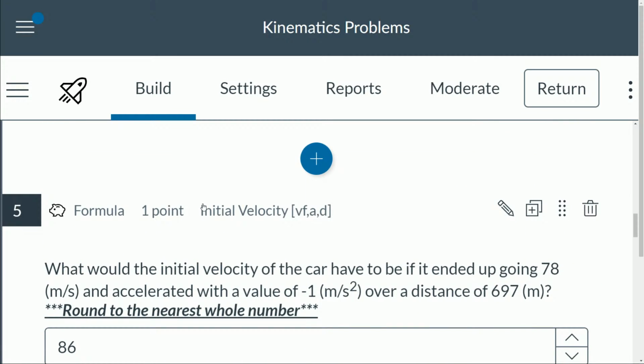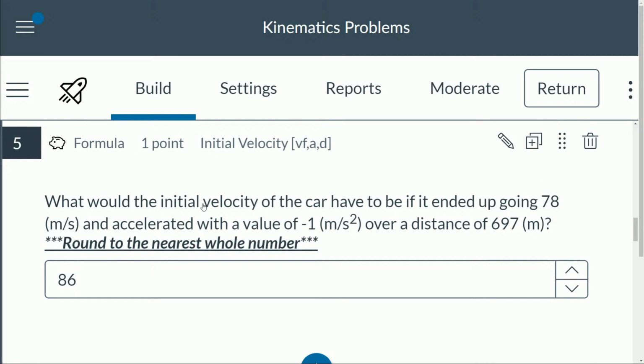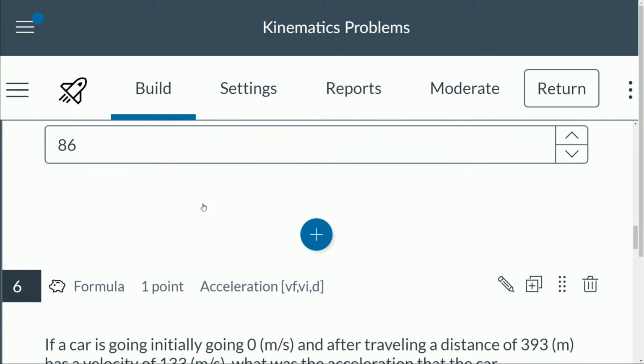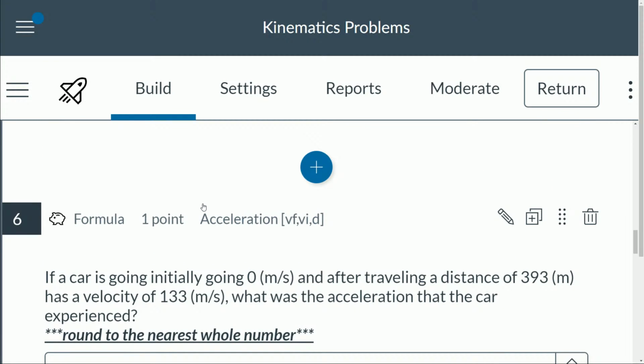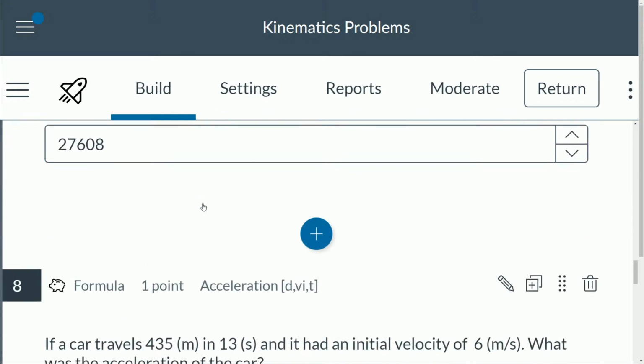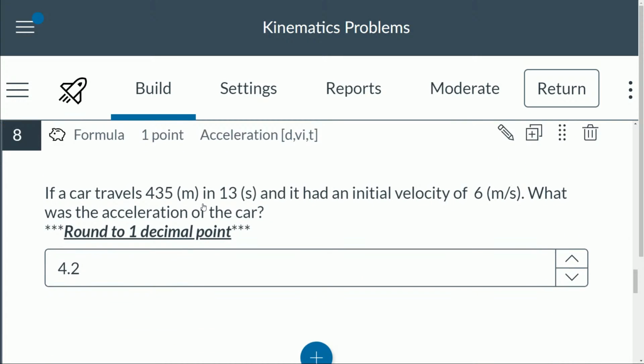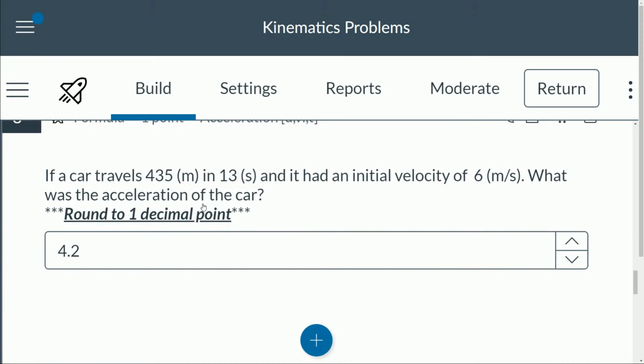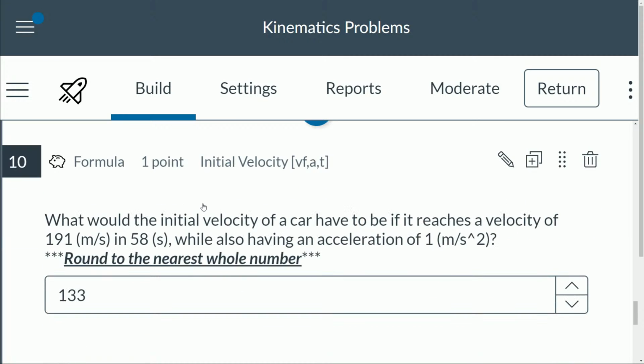Can you read it out to me? What's the first word? What would the initial velocity of a car have to be if it reaches a velocity of blah blah blah in blah blah blah?